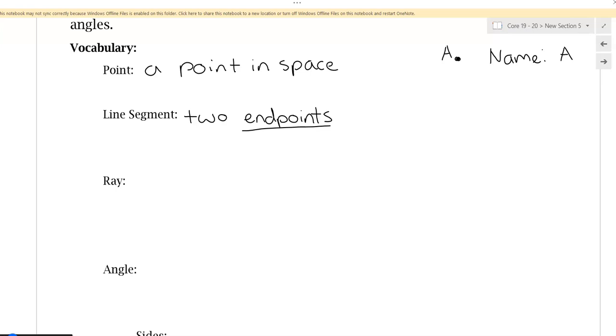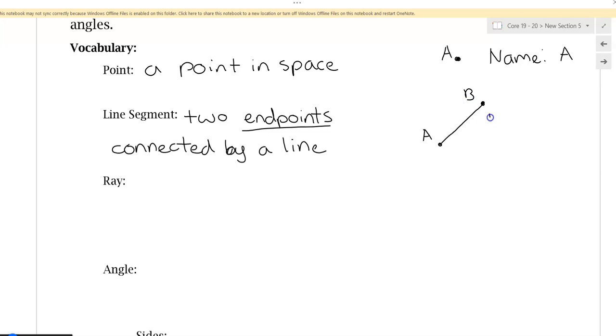The two endpoints are just that, points, and they are connected by a line. For example, something that looks like this. Right. There's one point here, one point there, and it's connected by that line.